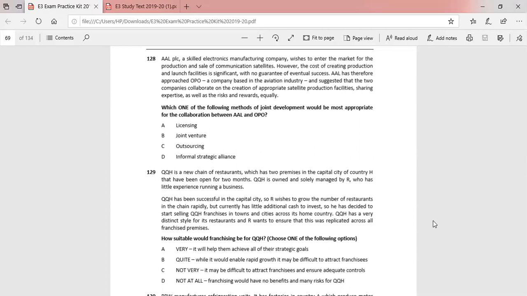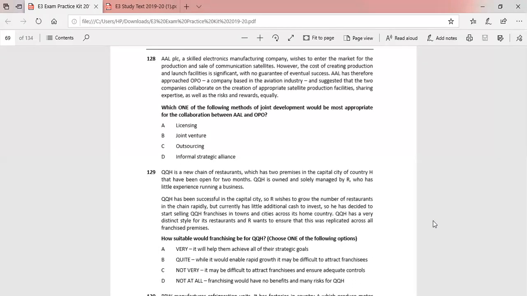AAL PLC, a skilled electronics manufacturing company, wishes to enter the market for the production and sale of communication satellites. However, the cost of creating production and launch facilities is significant, with no guarantee of eventual success.